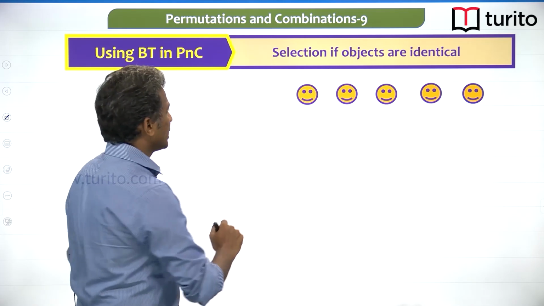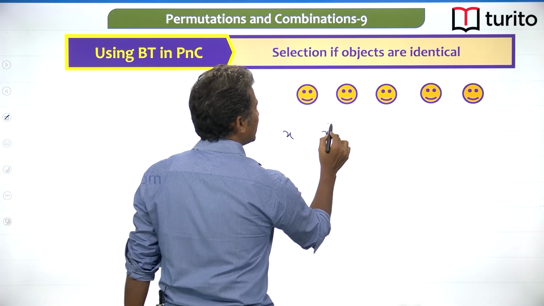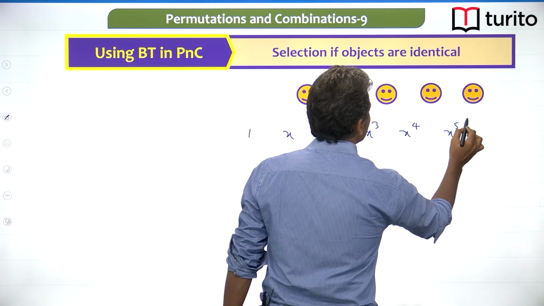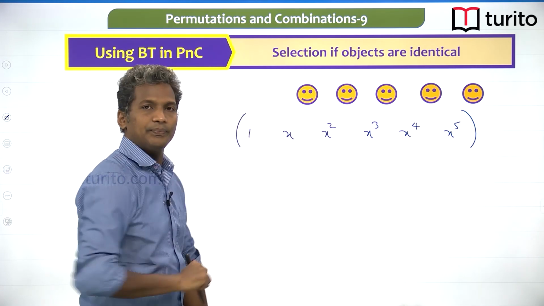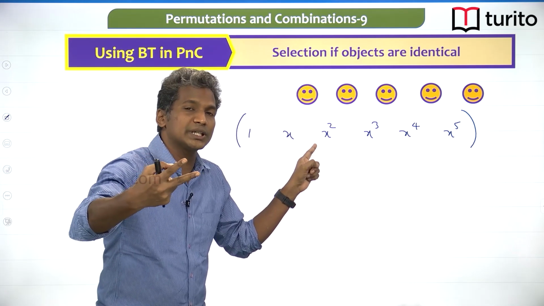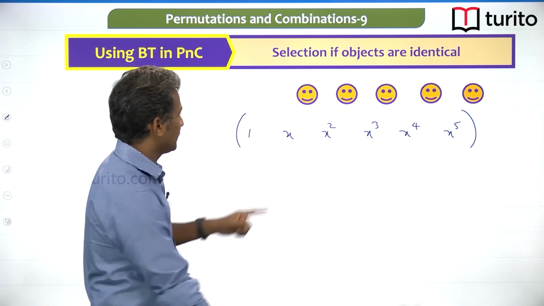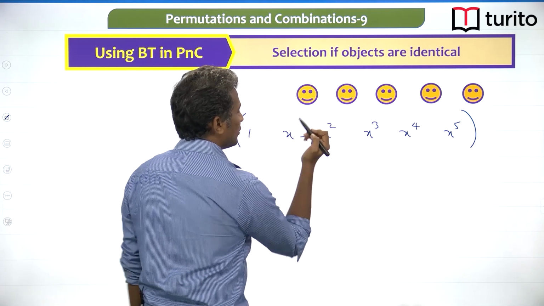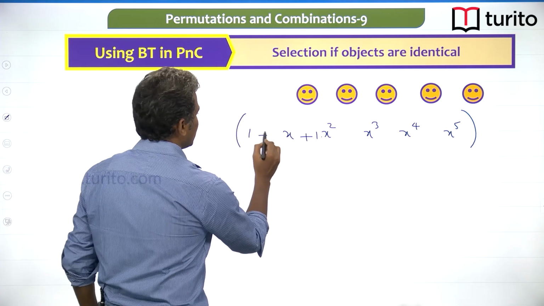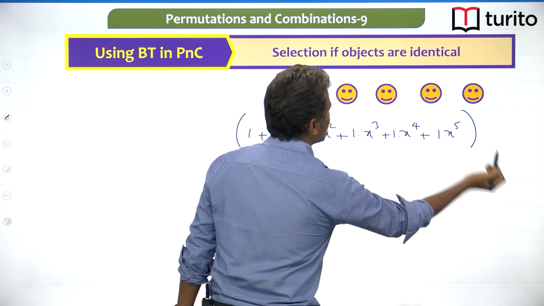Starting from 1, x, x^2, x^3, x^4, x^5, all these terms are going to come. What does x^2 represent? Selection of two objects, and in only one way, because they are identical. So the coefficient must be 1. Similarly, for all terms, coefficients must be 1. This way we can generate functions for identical objects.